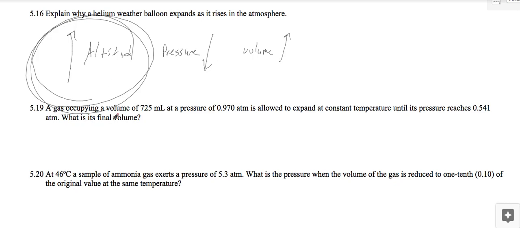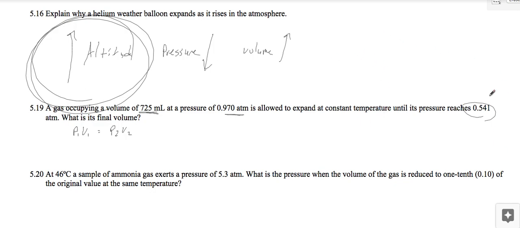We have a gas occupying a volume of 725 milliliters at a certain pressure. And we're going to look at a new pressure of 0.541 and figure out its final volume. So we can set this up. Again, here is P2, V2. And before I do this problem, I do want to show you something over here.